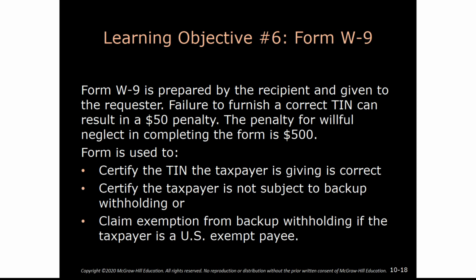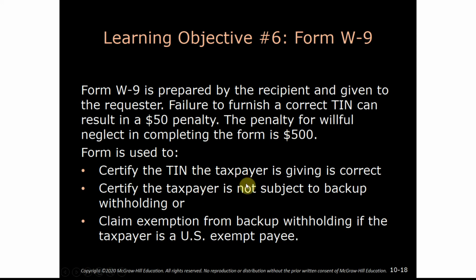Now, Form W-9, many of us have filled this out when we began employment or started a job, and the employer is required to furnish the correct tax identification number, TIN, and for employees, that's most likely going to be your Social Security number. Any lack of compliance with this requirement will result in a $50 penalty.